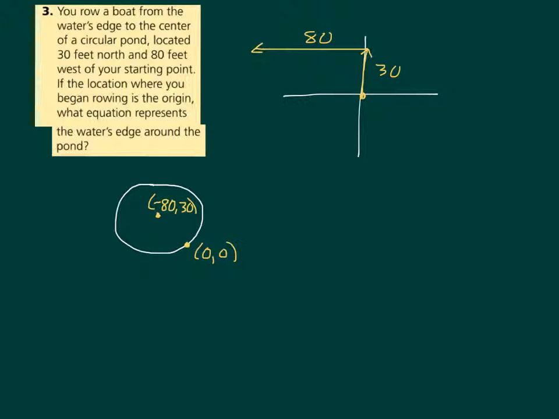So the general equation, the standard form equation for a circle, (x - h)² + (y - k)² = r². We know that x and y come from the point on the circle. h and k are the center.